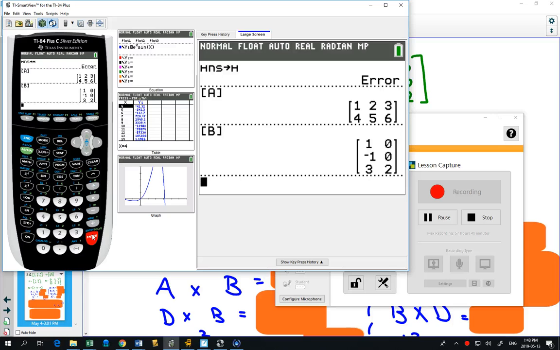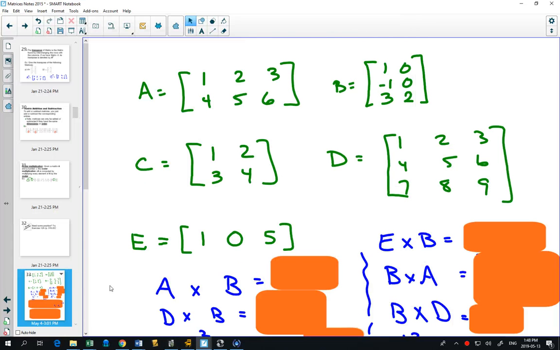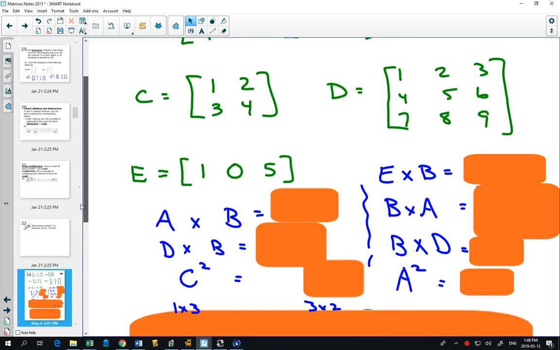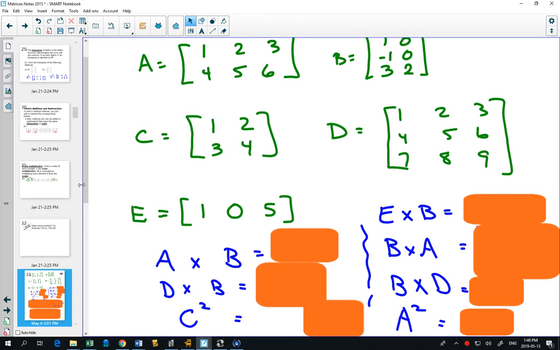So we've got matrix A and we've got matrix B. Once we've listed them all in, there's some math here for you to figure out. What's A times B? What's D times B? What's C squared?